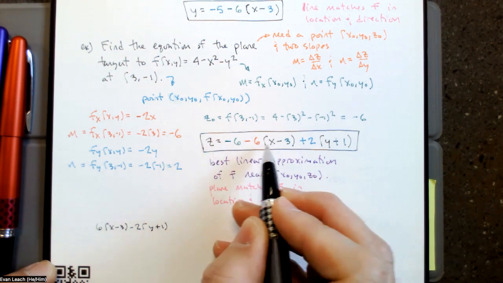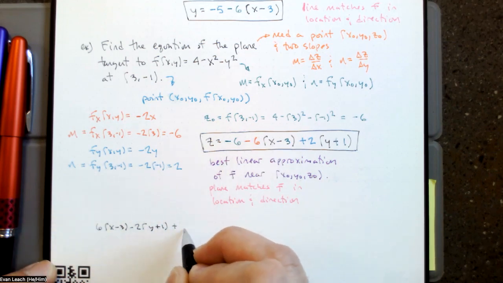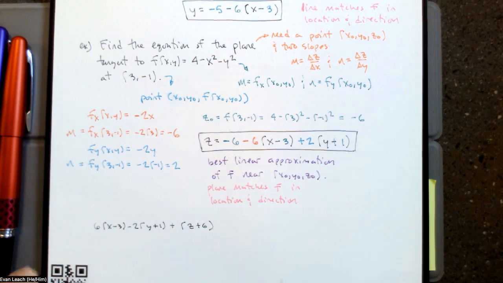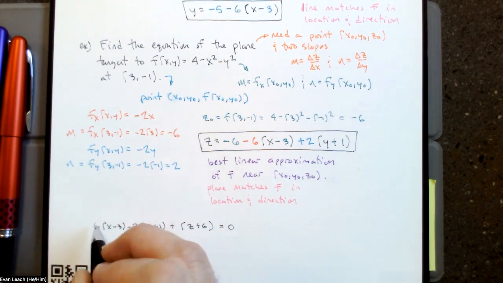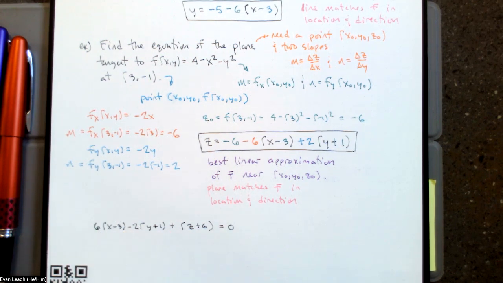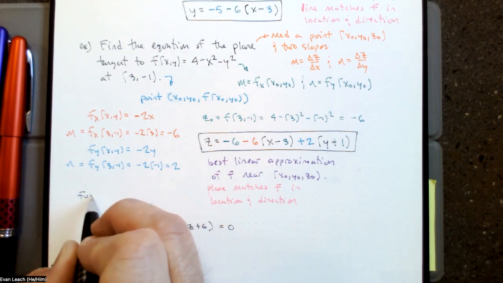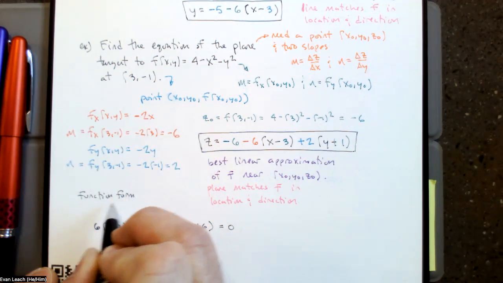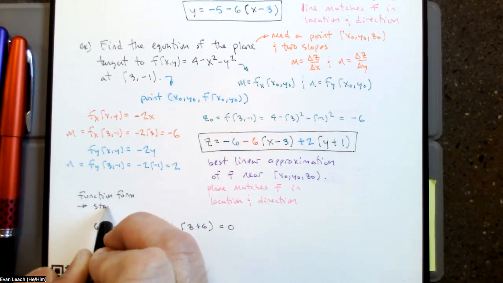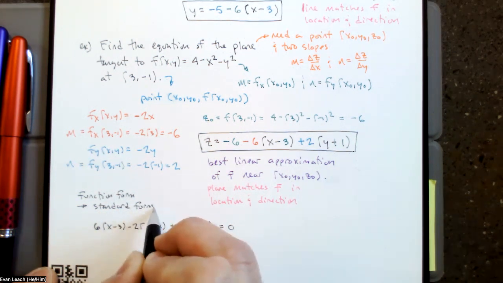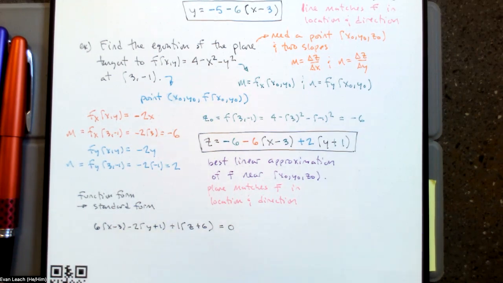But if we rewrite our equation in standard form, we can see another version of point and direction, or location and direction.